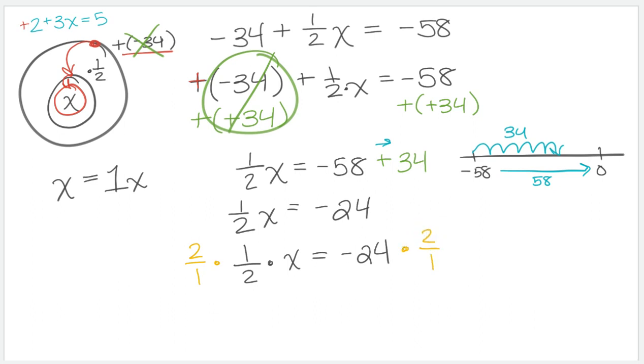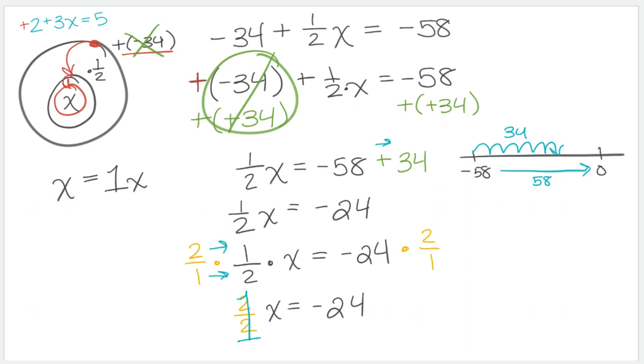So now on the left-hand side of my equation, I have 2/2 x is equal to negative 24, because when we multiply fractions, we multiply our numerators and denominators straight across. Now that 2/2 created a 1 pair, and I have my 1x here, which I can just write as x.